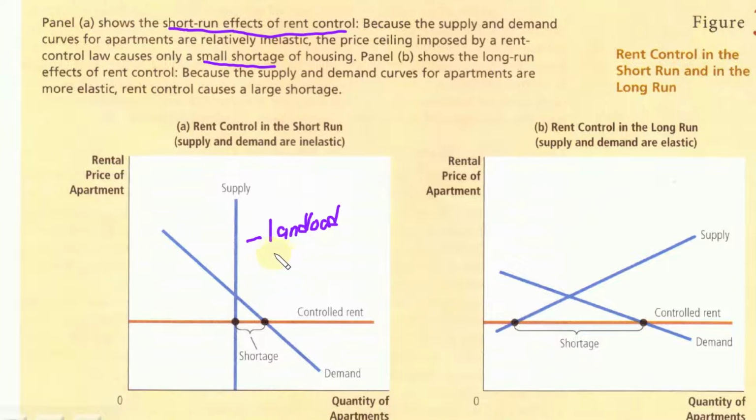So the supply is vertical right here. Supply is vertical, not inclined. There's no slope.